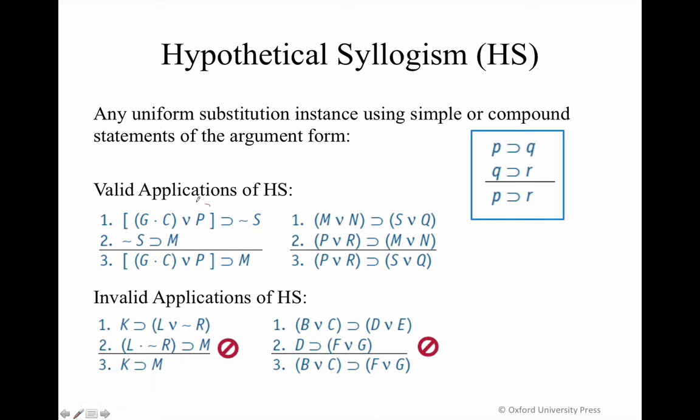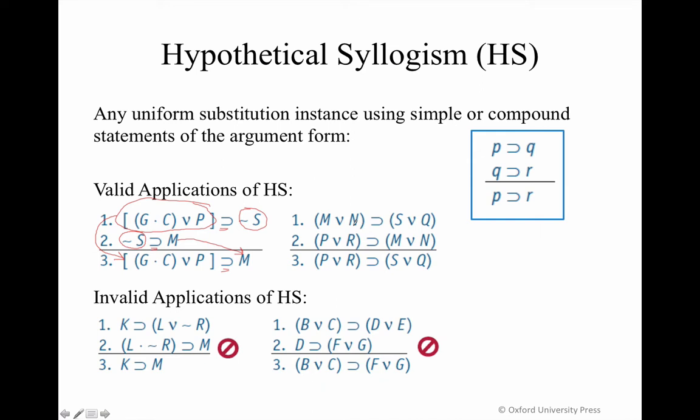So we have antecedent, consequent. The consequent of the first premise becomes the antecedent of the second, which then drops out in the conclusion. Horseshoe, horseshoe, horseshoe is the main operator in each.